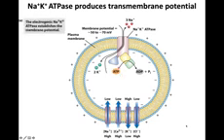Given the ion concentration difference and an electrical potential of about minus 60 millivolts inside the cell, if a sodium or a calcium ion channel opens, it will result in a spontaneous inward flow of sodium or calcium.